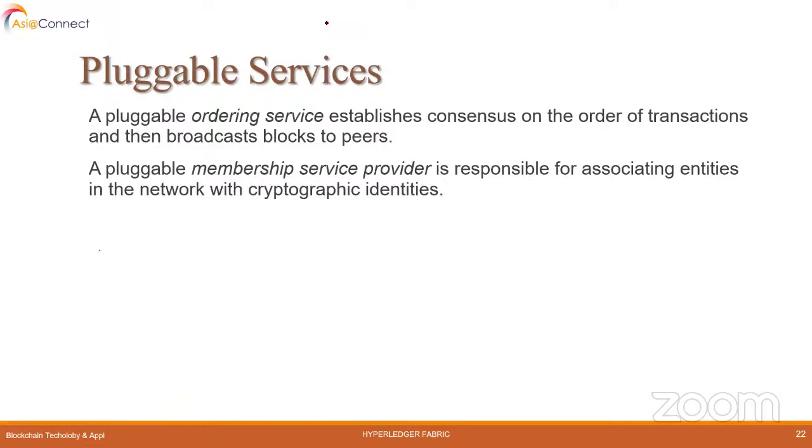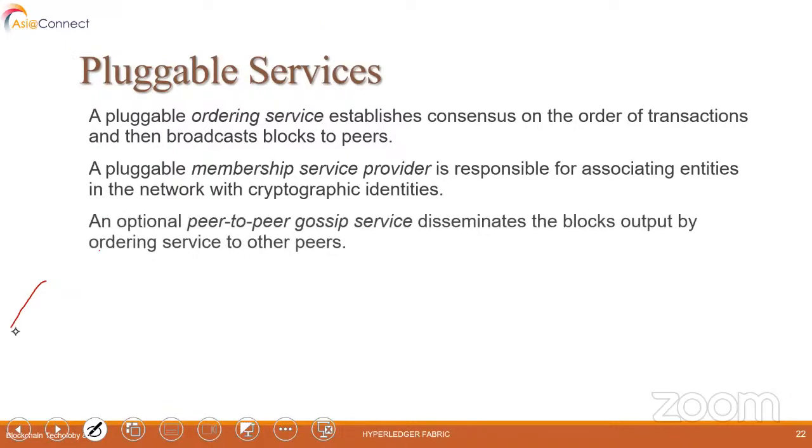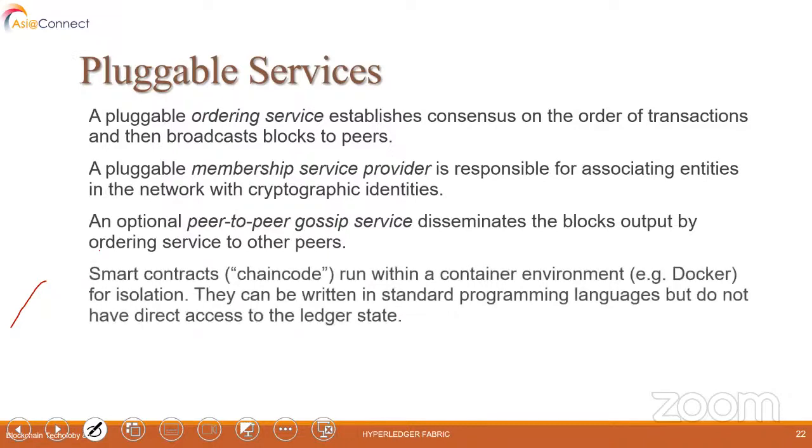As you know, every single person will have his own digital signature, his own private and public key pair that is used to maintain the privacy as well as the confidentiality in the network. There is an optional peer-to-peer gossip service that disseminates the blocks output by the ordering service to other peers as well.